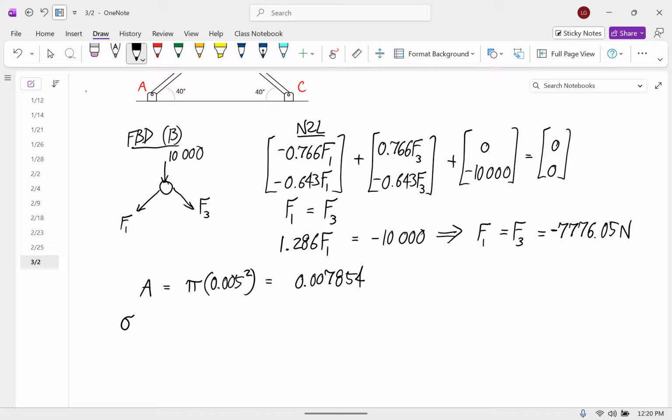So the stress for both of them is negative 7776.05 divided by 0.00785.